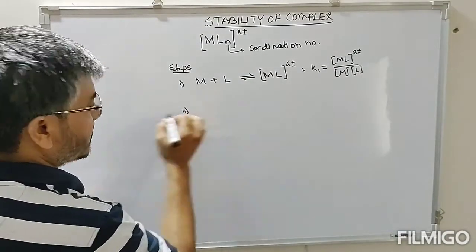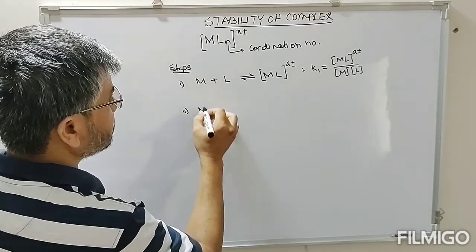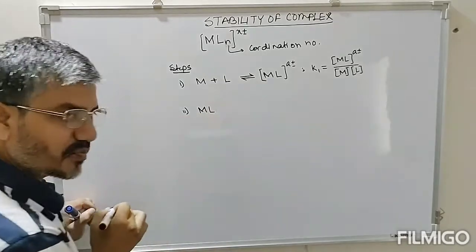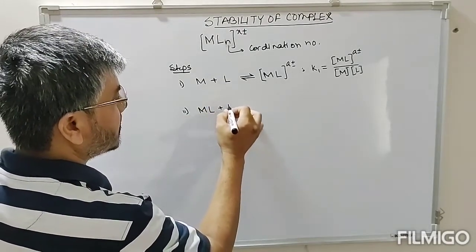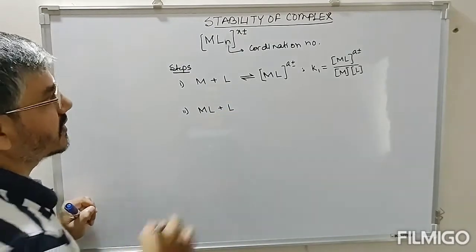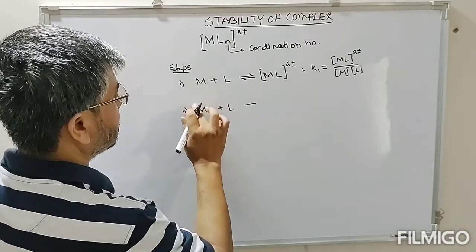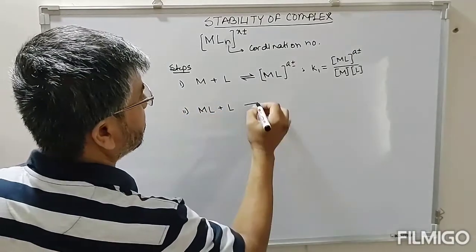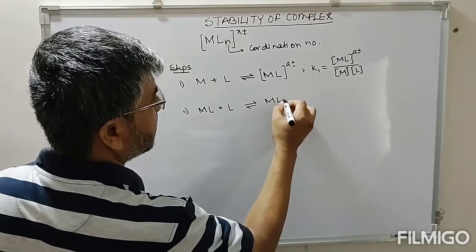Now in the second step, we are starting with this ML. Now this ML reacts with a second ligand, and this forms the complex ML2.